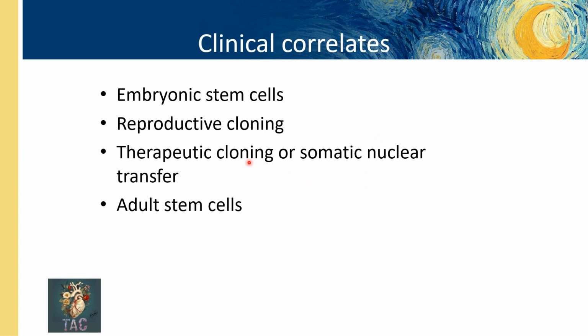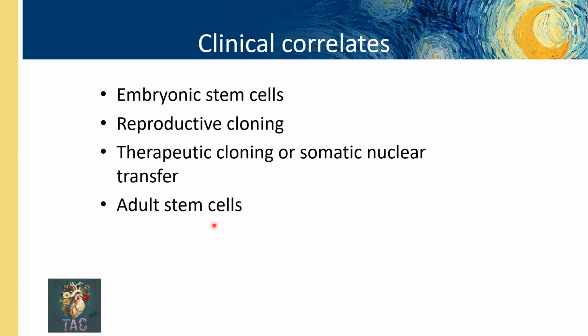Cells from this blastocyst are then taken to treat different conditions, and the two disadvantages of embryonic stem cells are now overcome because these are not taken from a viable embryo and all the genetic material is taken from the host. Another technique is adult stem cells.